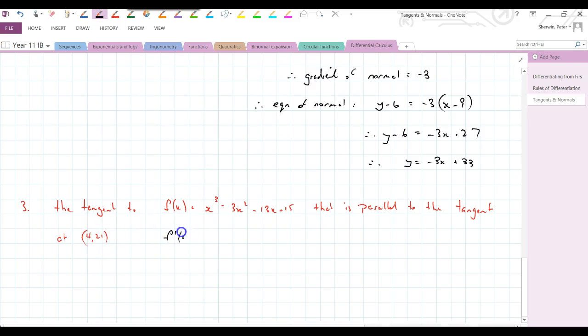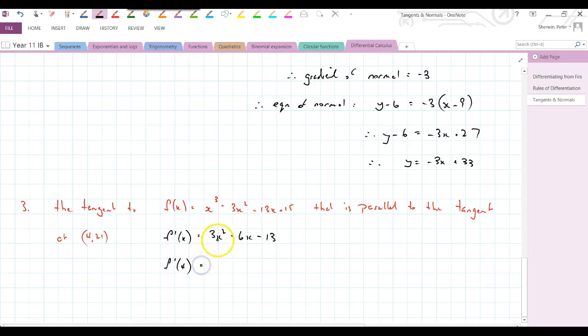As soon as we start talking tangents, parallel, we're talking gradients. Gradient function. Come on, 3x squared minus 6x, the constant has gone, and that's down to minus 13. That's my gradient function. And at 4, what's that equal to? We want f dash 4, don't we? Because that's my point here.